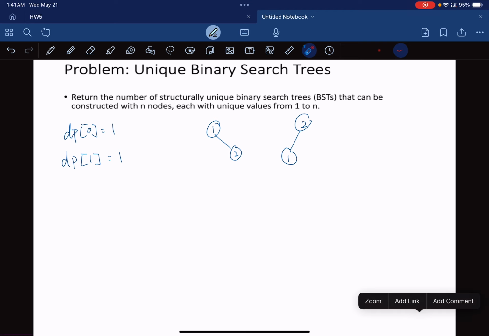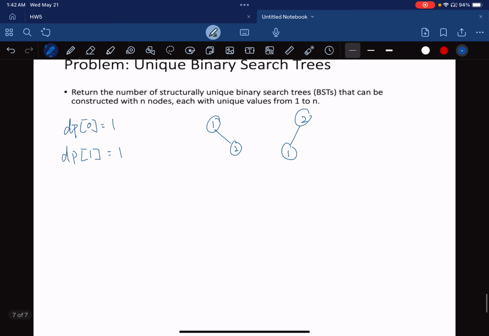So it's not only disjoint, but also exhaustive. Knowing these two facts, if we can find the number of BSTs given a root node, then we can just let every node be the root node, count for each of them, and sum it up. And that's exactly what we're going to do.